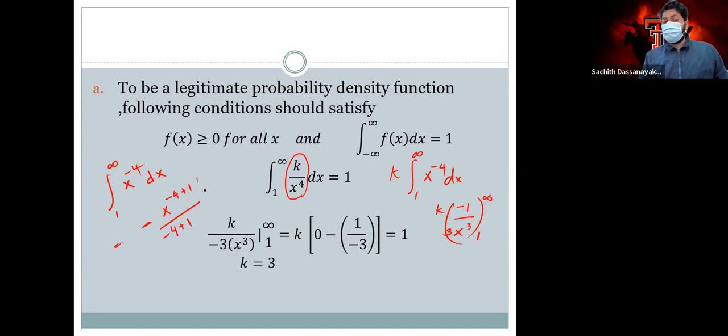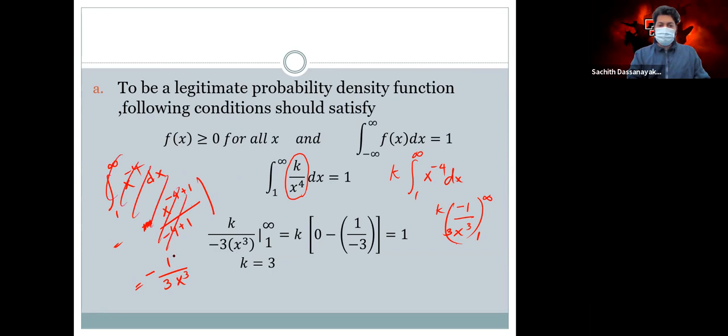This is how we get the integral. So this is going to be x to the power negative 3 over negative 3, which means 1 over x to the power 3. Just trying to remind you how to get the integrals.